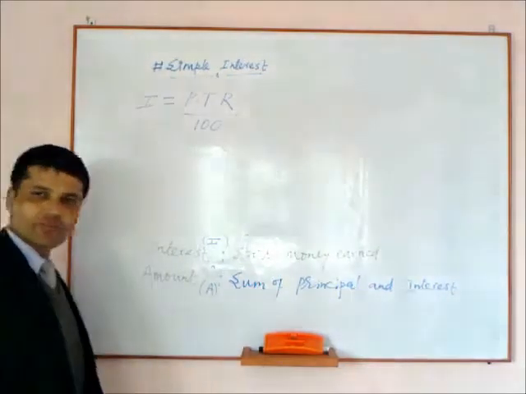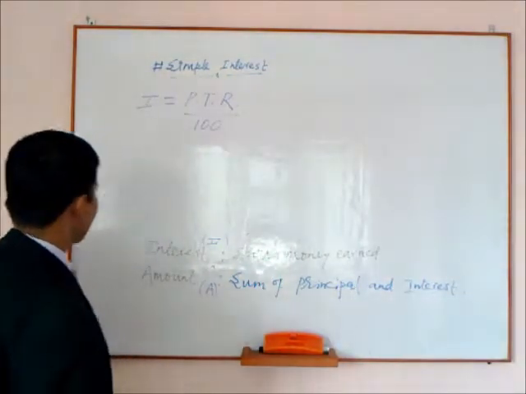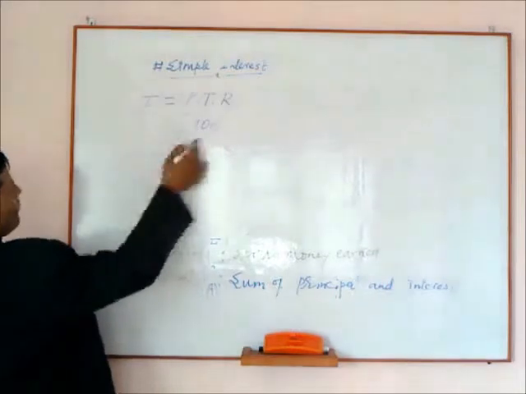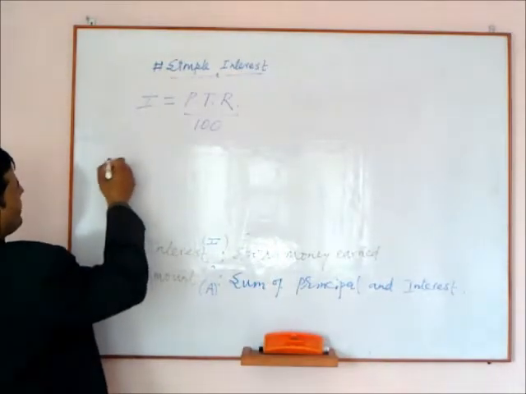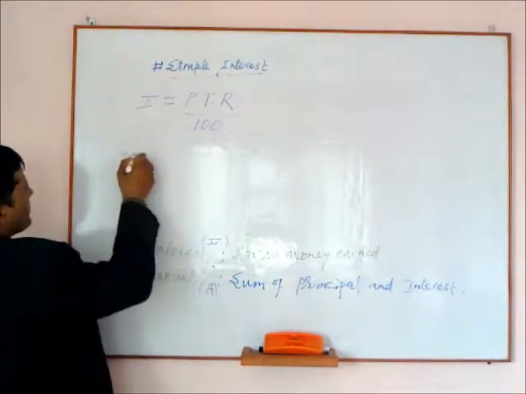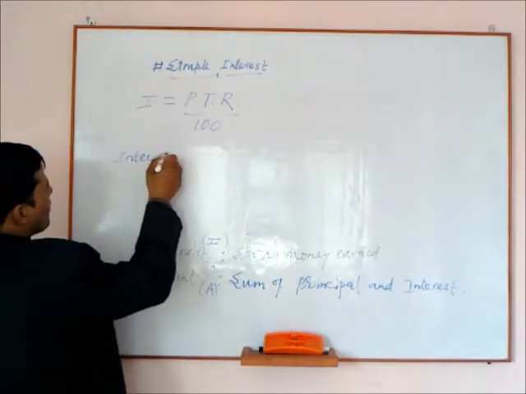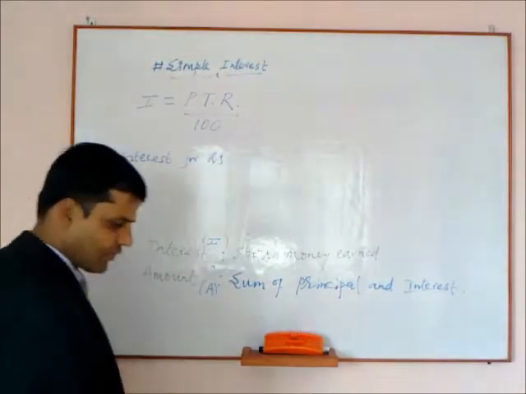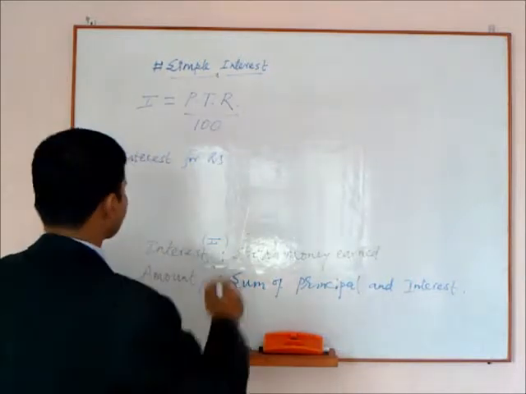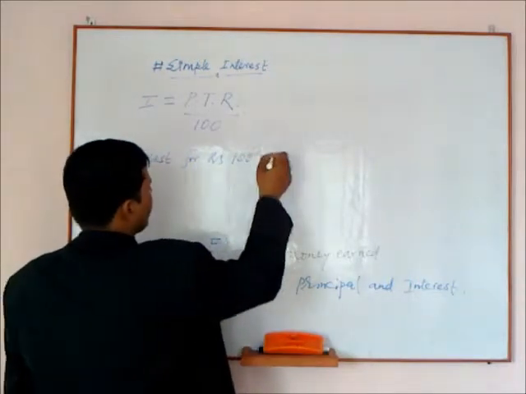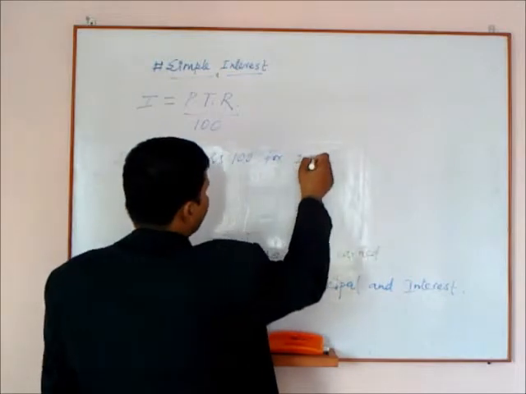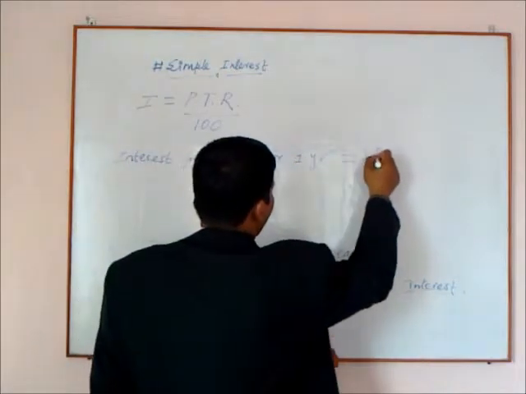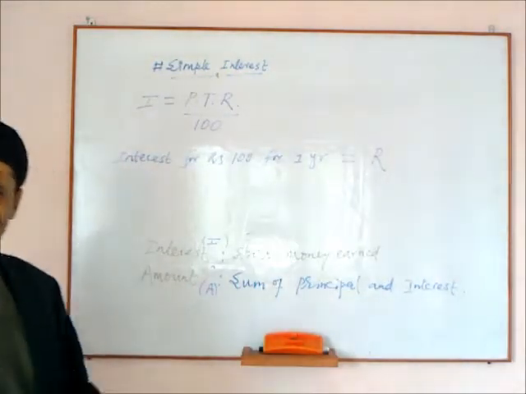If we want to derive it, we can derive it in this way. Interest for rupees 100 for 1 year equals R. That is called rate.